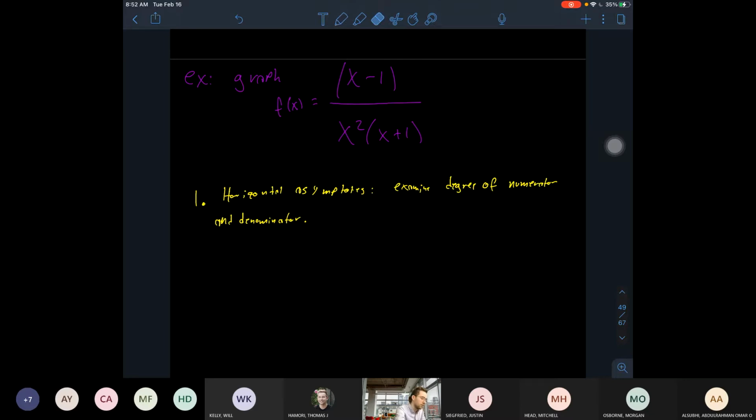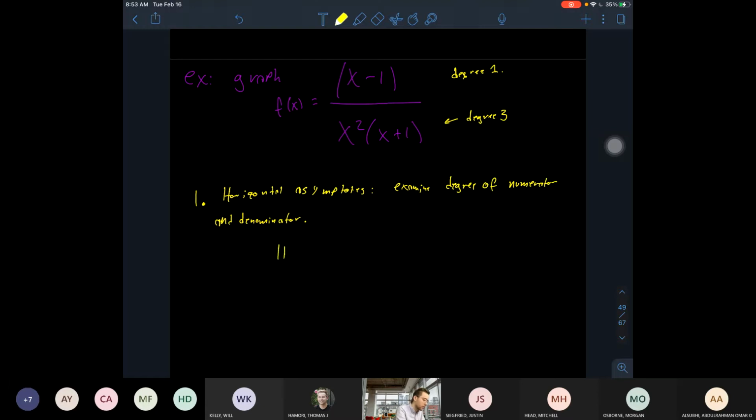Now I can see in this case, the bottom is degree 3, and the top is degree 1. Right? The largest power of x in the numerator is 1. And if I were to FOIL out the denominator, then the largest power of x in the denominator would be 3. So since the degree is larger in the denominator, I know that when x becomes really large, the denominator is going to outweigh the numerator.